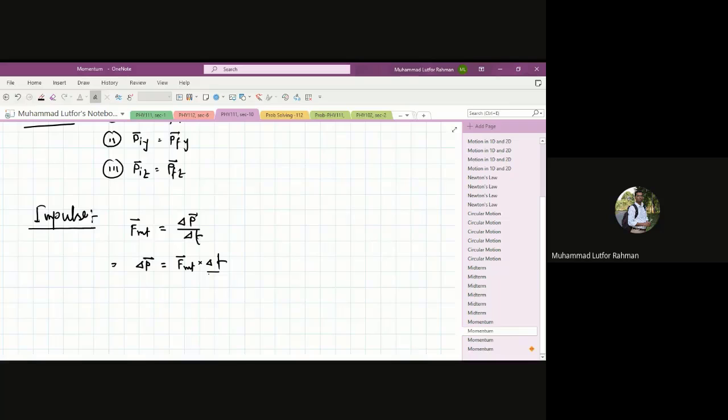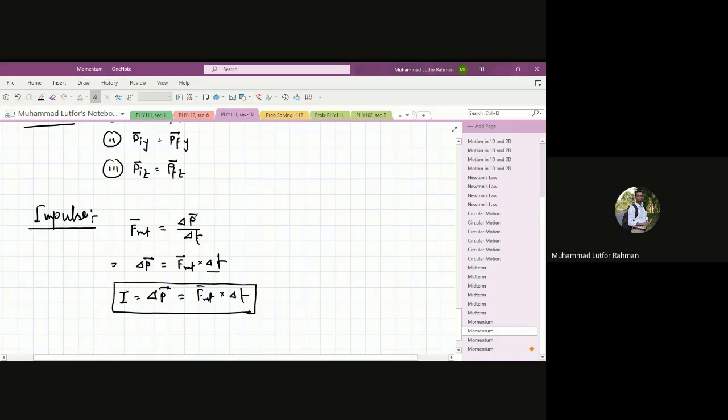We define this change of momentum as impulse, expressed by the quantity I, which is the change of momentum, and we can write it as F net into del T. This is also known as the impulse-momentum theorem.